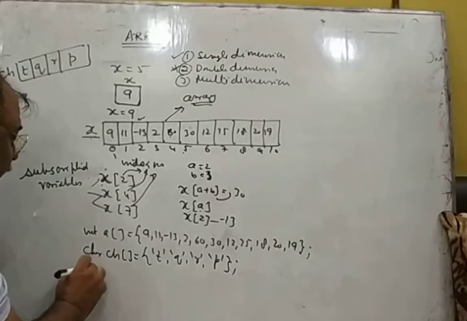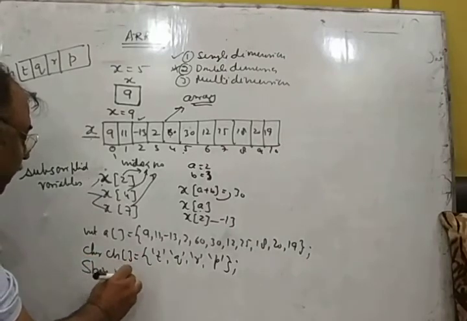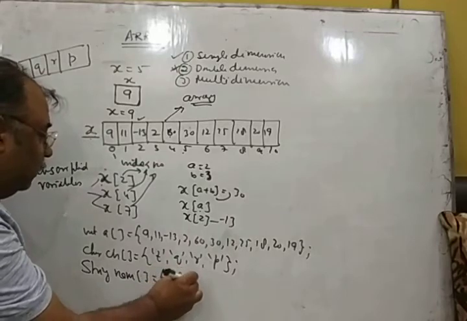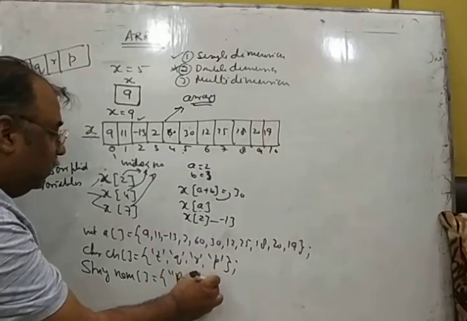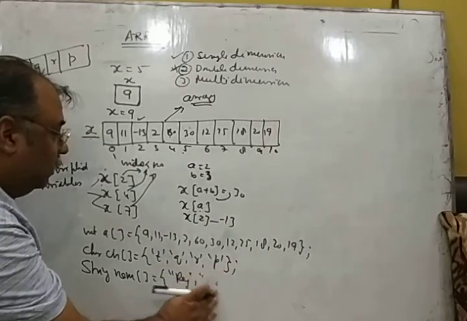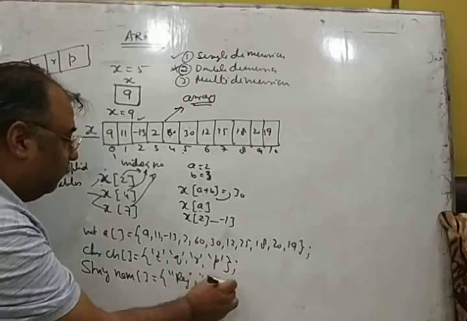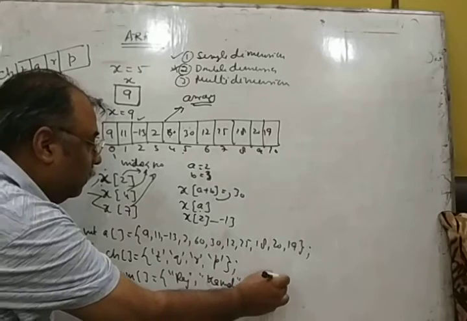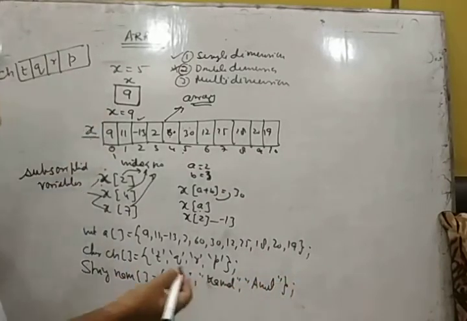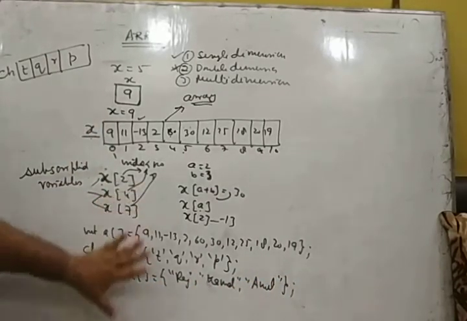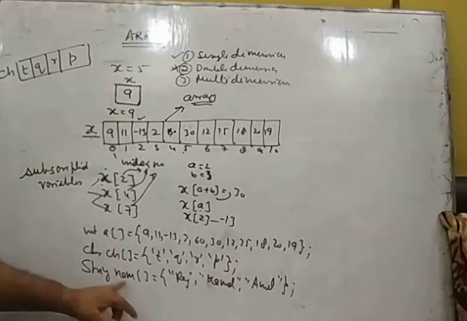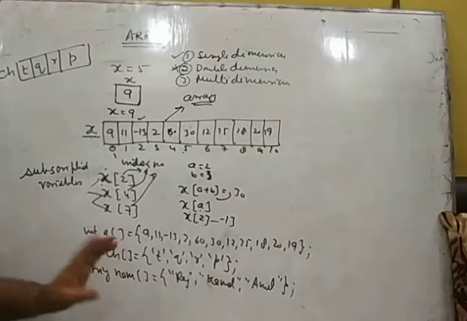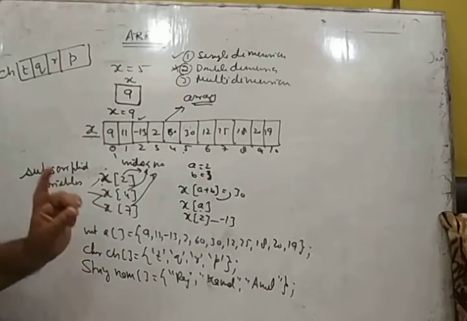Say you have a string, String nam = {Raj, Kamal, Amit}. This is the way you will write it, and when you write this, the computer will open an array of this type and store the names into it. This is when the values are given to you.